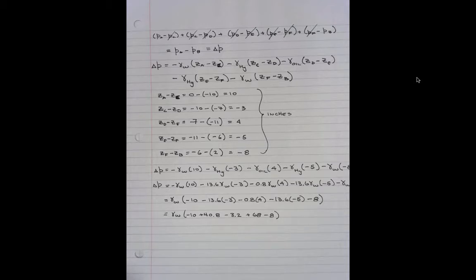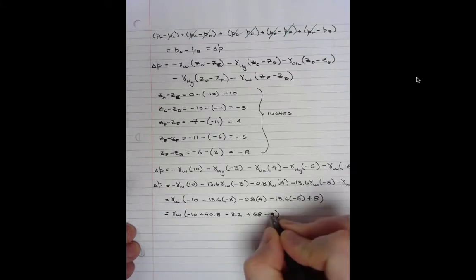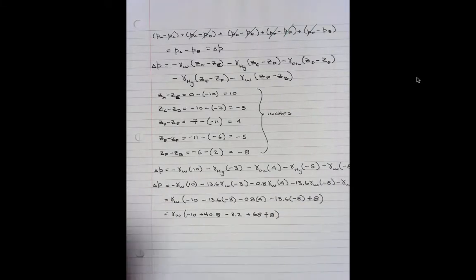So I have 40.8 plus 68. Found an error. That is plus 8. Now let's try that again. 40.8 minus 3.2 plus 60.